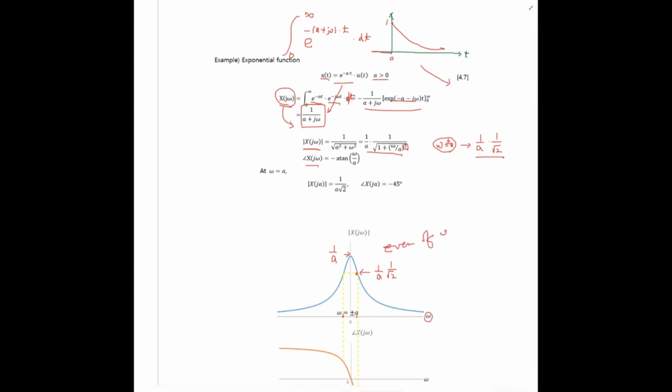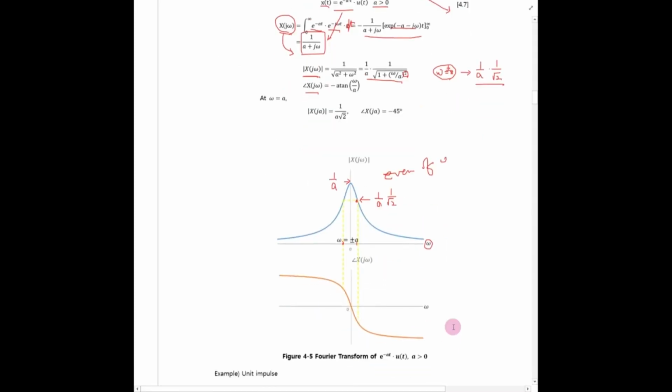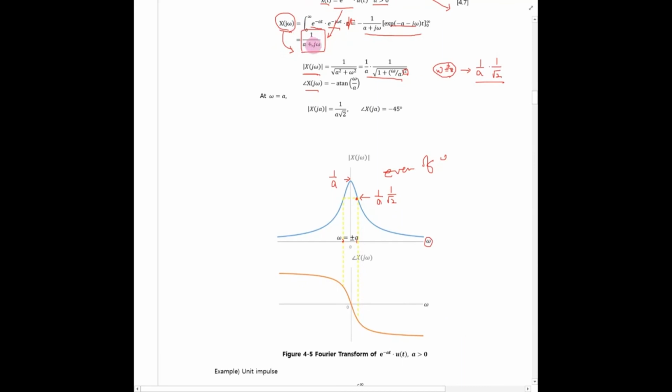Okay, what about the phase response? For the phase response, the real and imaginary parts are a and omega, so it's the arctangent of omega over a. Then we can plot that this way. At omega equals 0, the angle is 0. But as omega gets larger, it goes to negative phase.